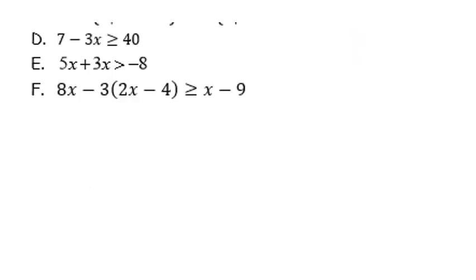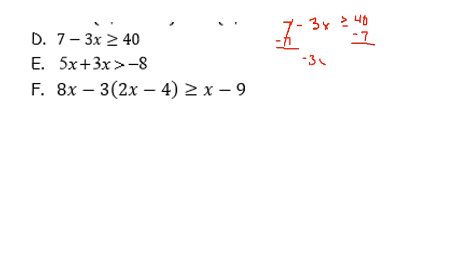All right, letter D, we still have several more on this problem. So we are solving for x, so we've got 7 minus 3x is greater than or equal to 40. We're going to subtract the 7 on both sides. Those cancel out.